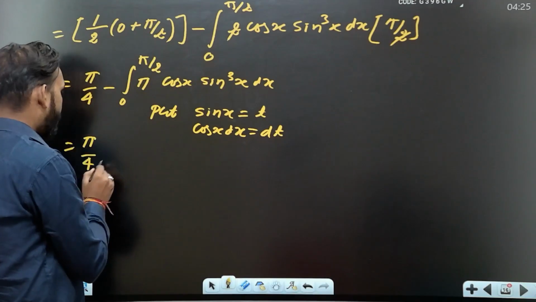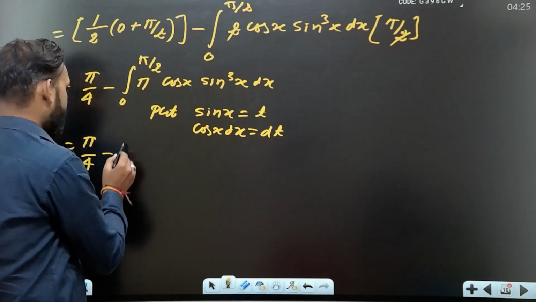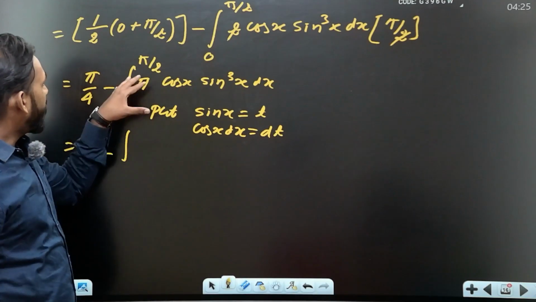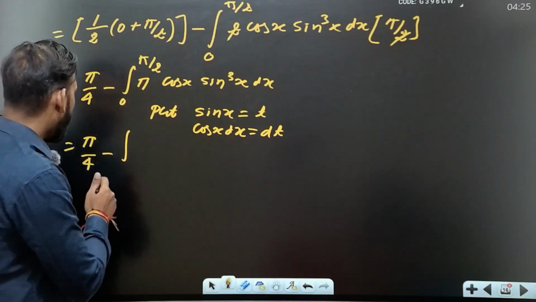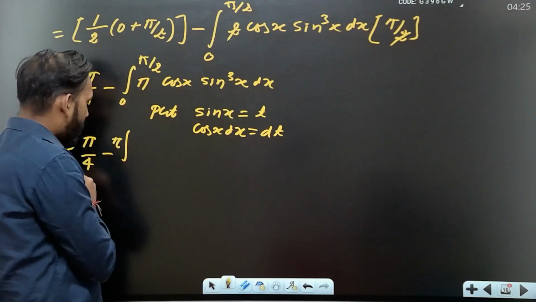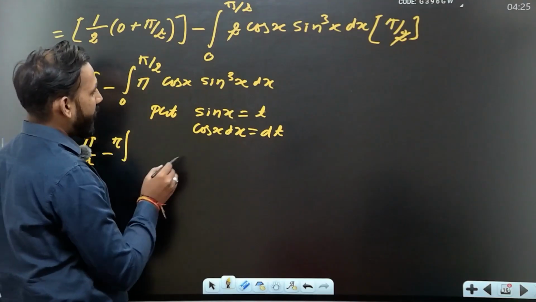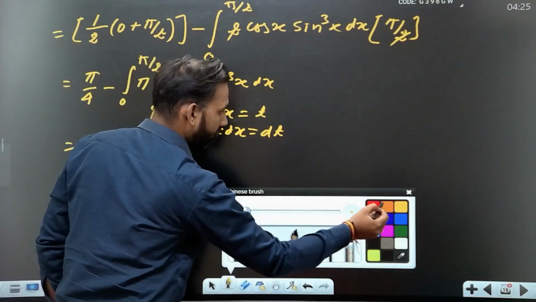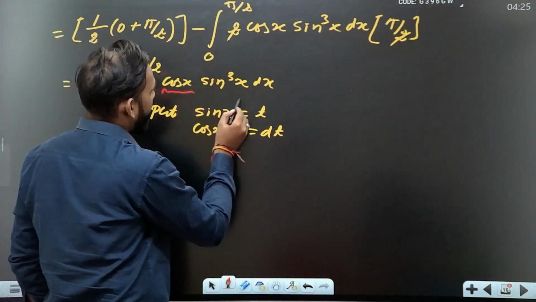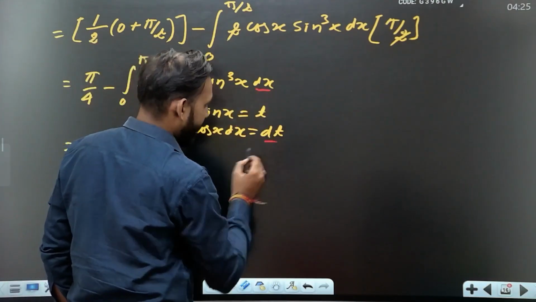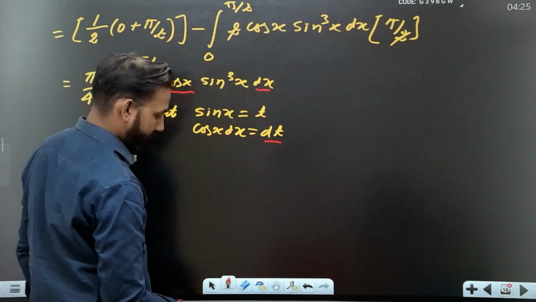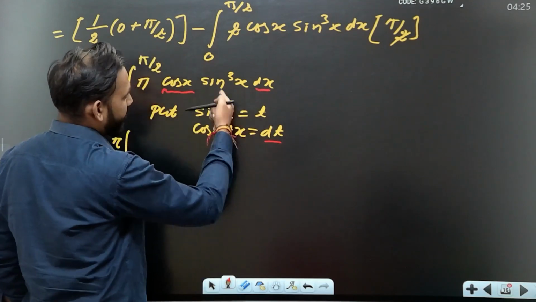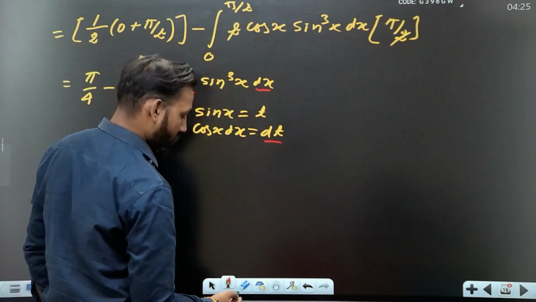pi by 4, negative this as it is, and we also change this limit. Now we can take this pi out of this integral, and this cos x dx will be dt, and further we put sin x equal to t, then we get here t cube, right?